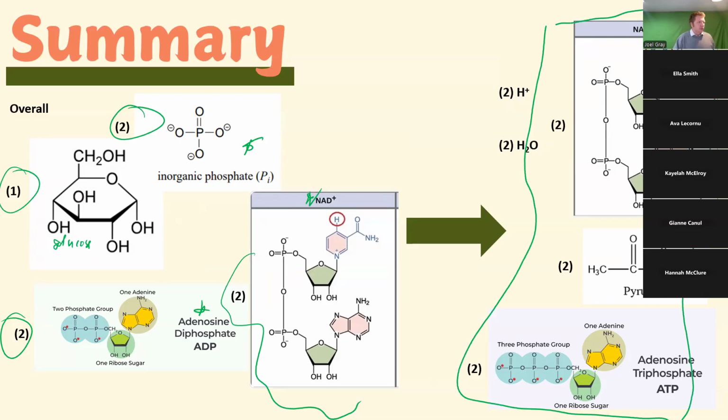The net and interesting takeaway is that we got 2 NADH, which is a high energy compound that's ready to be oxidized. Whenever it gets oxidized, it releases a ton of energy. Then we got 2 pyruvates. Then we got 2 ATP. And that is our net.